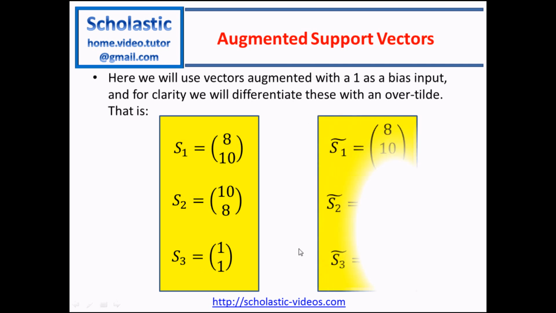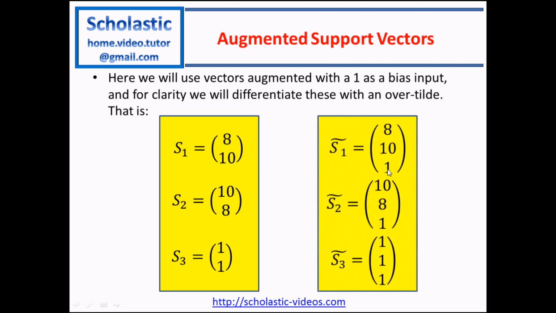We will add an extra 1 into each vector. We call it a bias input, or sometimes an augmented input. So (8, 10) becomes (8, 10, 1), (10, 8) becomes (10, 8, 1), and (1, 1) becomes (1, 1, 1). We call them S1 tilde, S2 tilde, and S3 tilde.